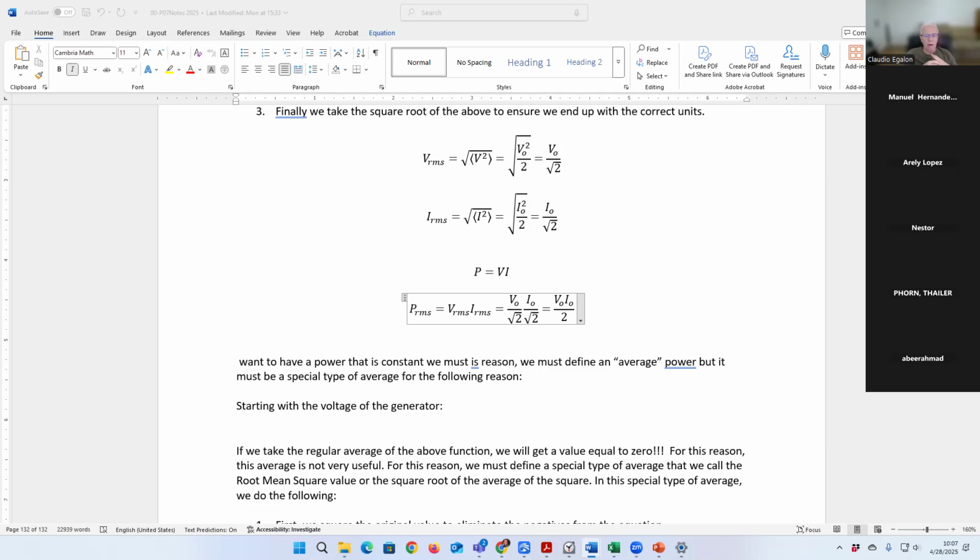So what those multimeters do is report to you the root mean square value of the voltage or the current. And that's where the RMS value comes from.